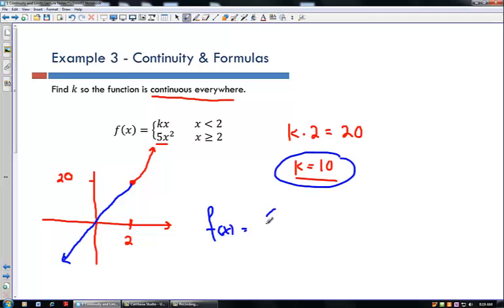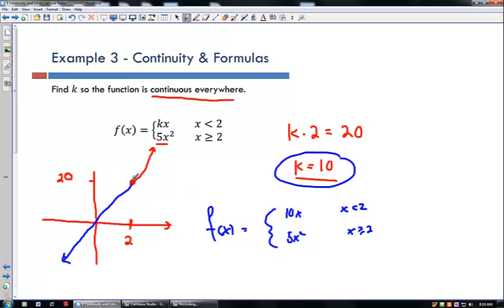But if I rewrite this, it'd be 10x when x is less than 2, and I'd use 5x squared when x is greater than or equal to 2. The 10x comes from the fact that if you plug in 2 down here, you get out 20. So the idea is you want these graphs to match up when you plug in 2. If I plug in 2, I need to get out 20 also.